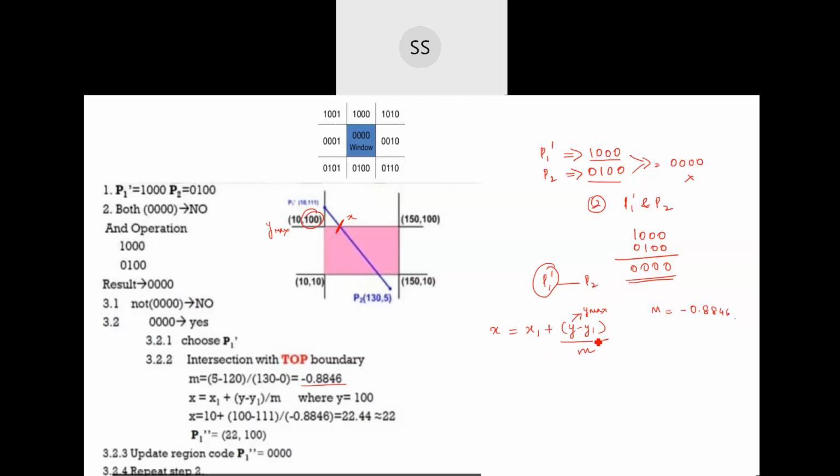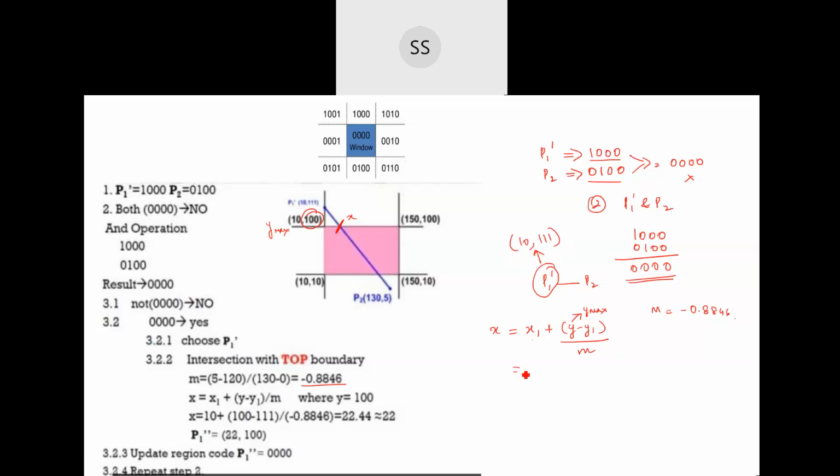Okay, x1 and y1. What are x1 and y1? That is the value of your P1 dash. Previously we found 10 and 111 as the values. On that basis we are going to do it.